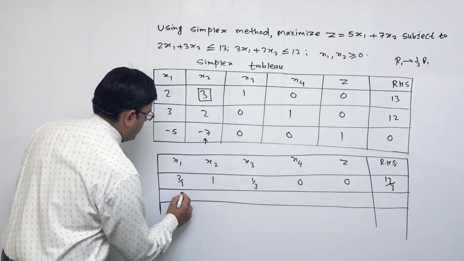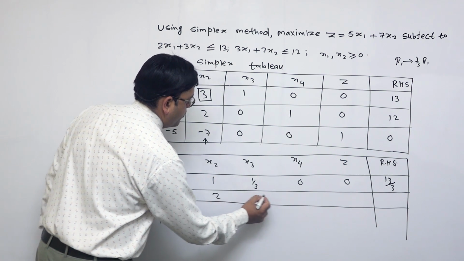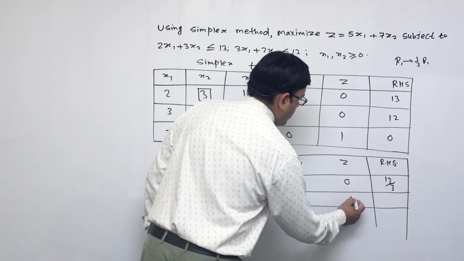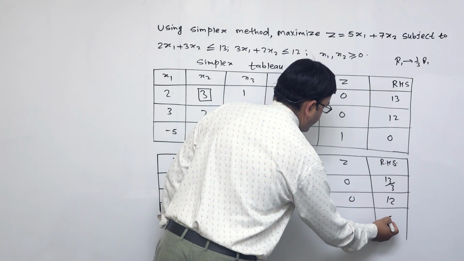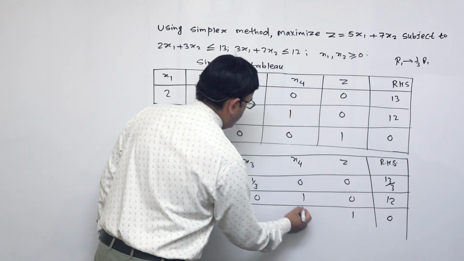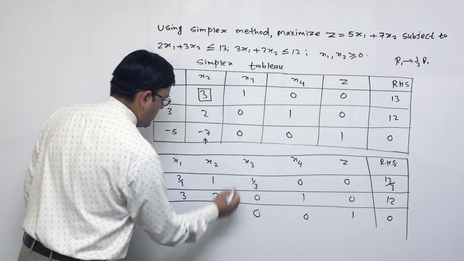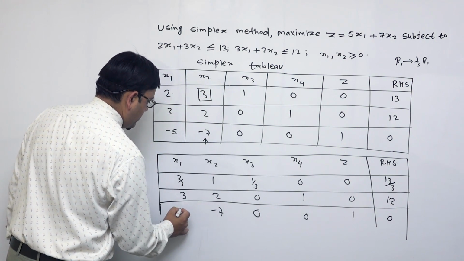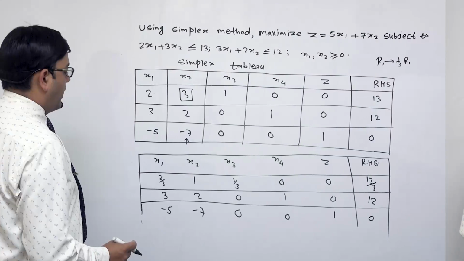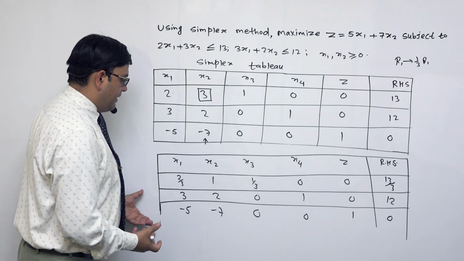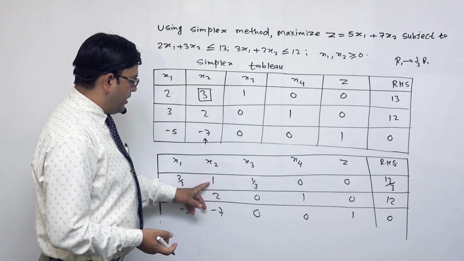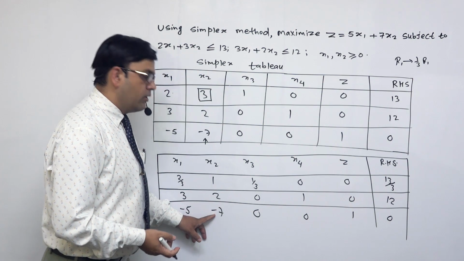जस्ताको तस्तै कपी गर्छौं, 3 2 0 1 0 12, and similarly we have 0 1 0 and then again 0, this is -7, and then this one is -5. Now again we have to apply, we have to make here 0 and then here also 0.